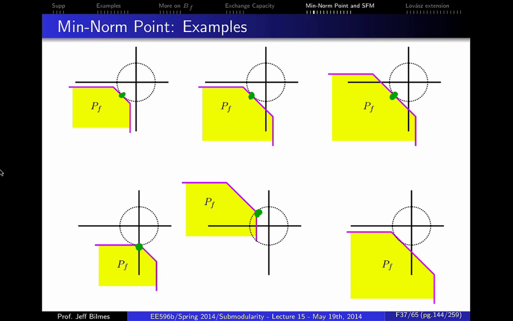So the claim, and this is really interesting, and it was Fujishige who realized this, is that in each of those cases, once we've got those green points, we can just read off the solution to the submodular function minimization problem.